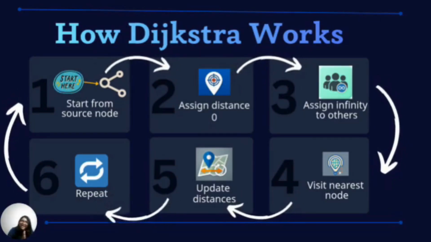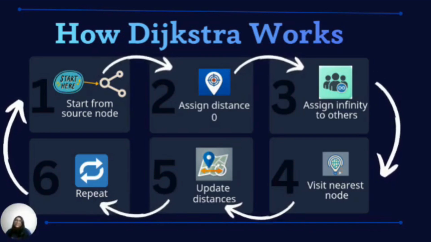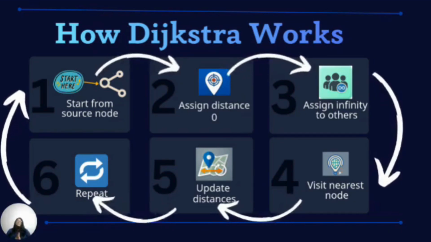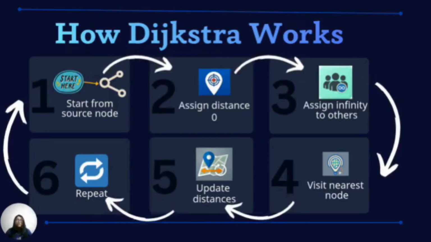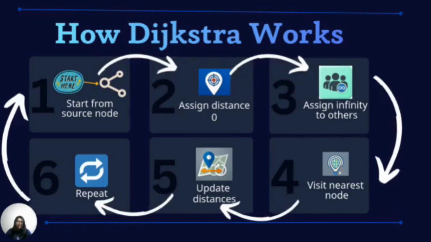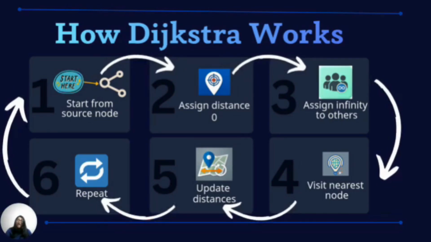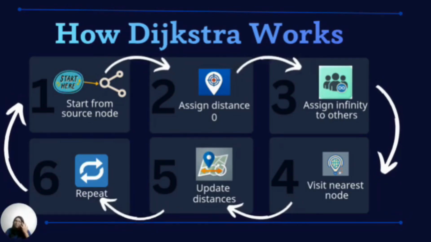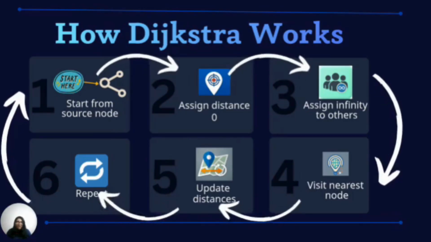Let's understand the basic process of Dijkstra's algorithm. The first step is selecting a source node. The source node receives a distance value of 0. Every other node receives infinity because their distances are not yet found.